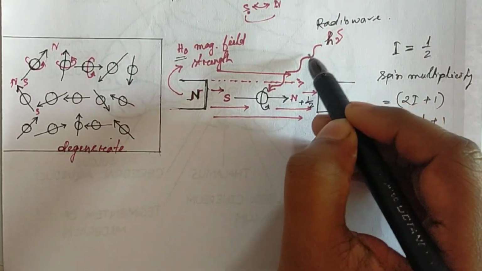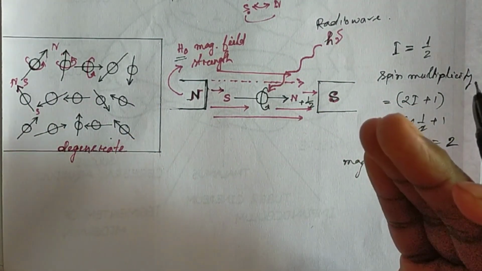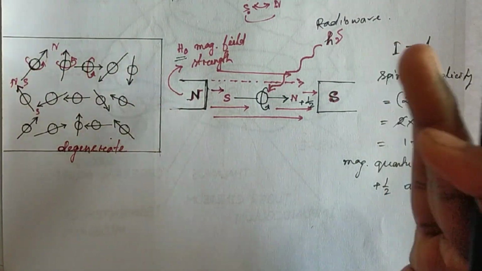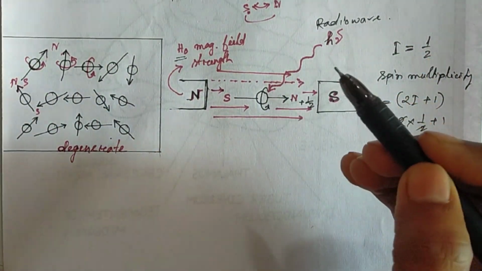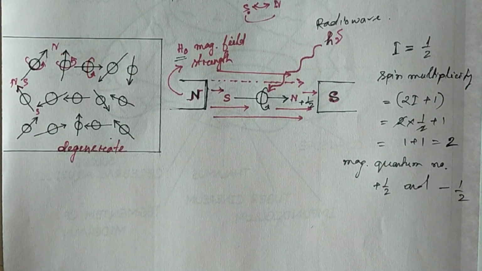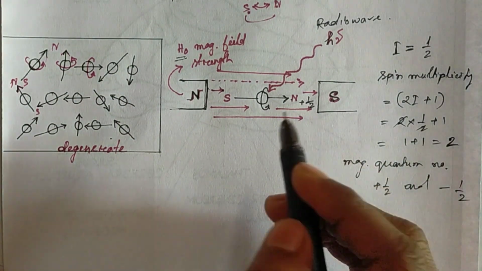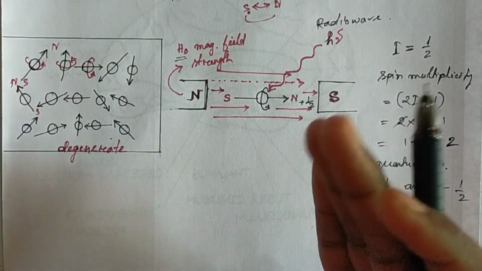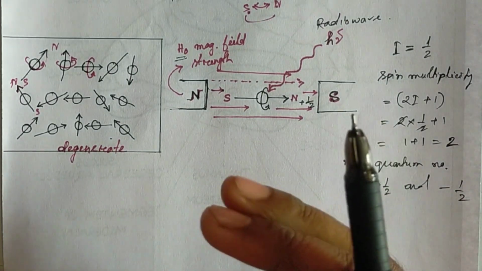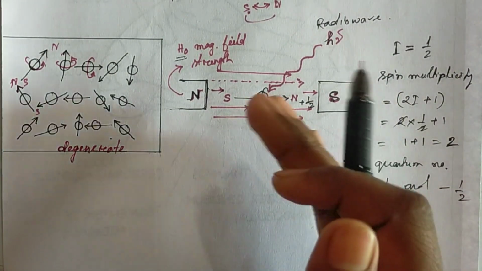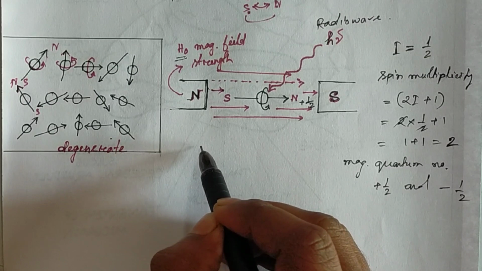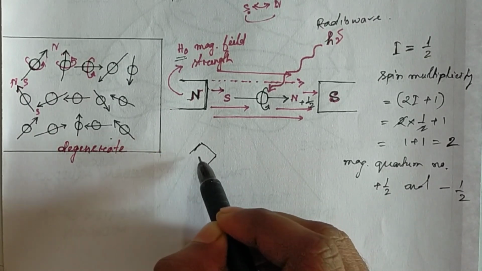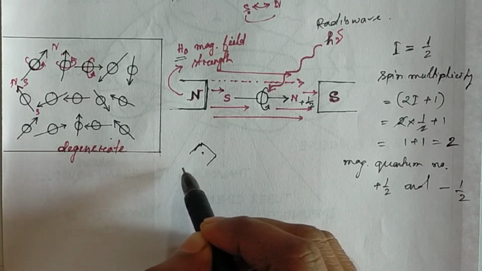When we supply energy in terms of light, this nucleus should absorb that energy, but it doesn't happen like that. So for that we put a detector here.